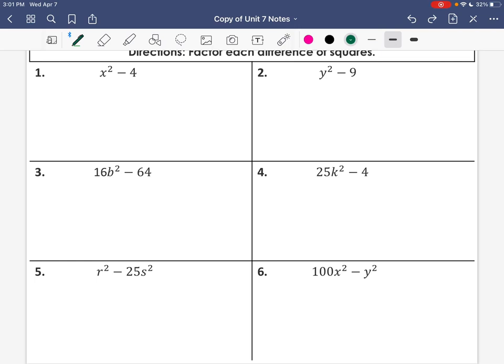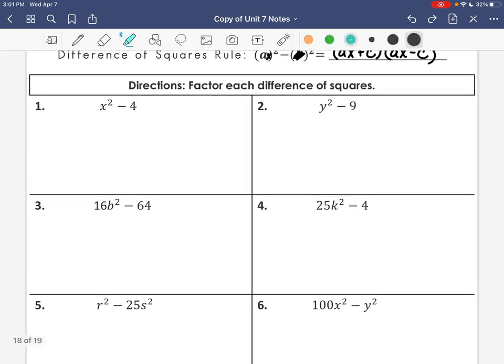The first thing you need to look for is to make sure that you have a difference of squares. So this is squared and this is a square, and there's a minus. If I were to have x squared plus 4, don't write this, that will not work.